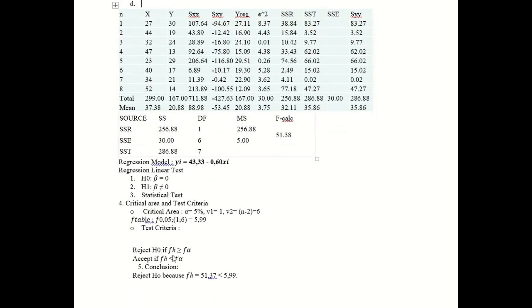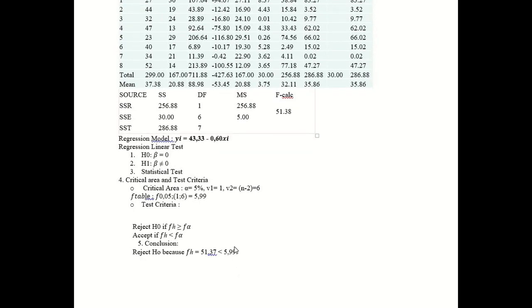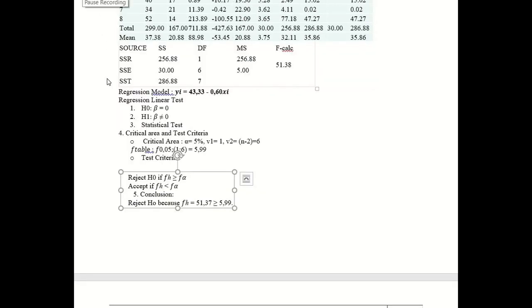So we get the test criteria: reject hypothesis 0 if Fh is bigger than or equal to F alpha, and accept if Fh is less than F alpha. So the conclusion: reject hypothesis 0 because Fh is 51.37, which is less than 5... Sorry, there is a mistake in the conclusion.